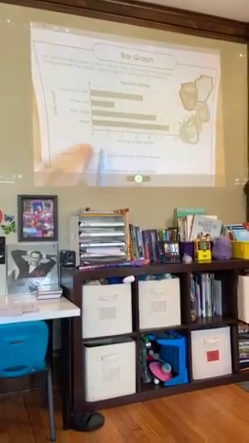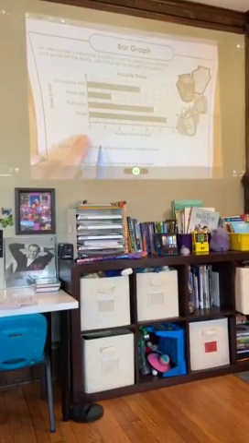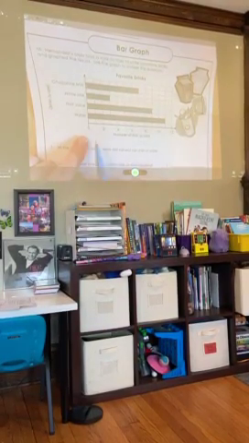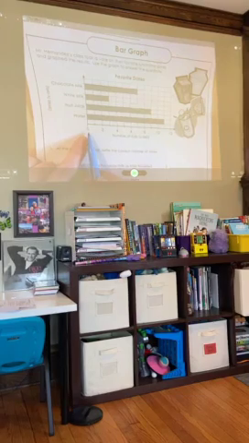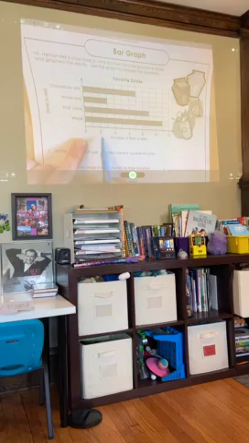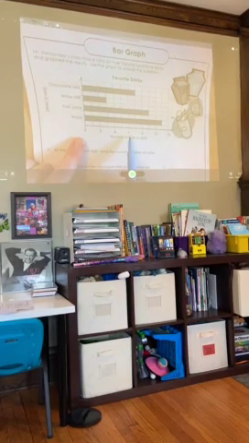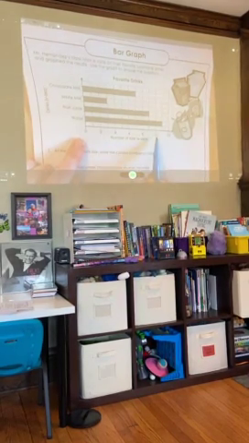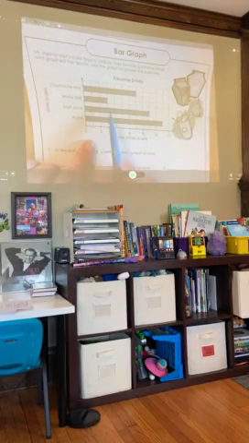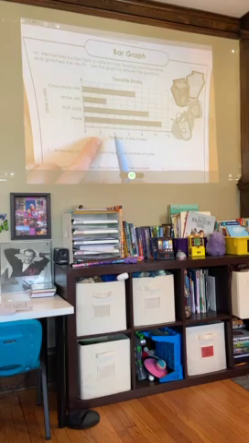One of the first things that I always ask students to do is make sure you look at that scale and what numbers it goes up by. It's really important to notice here that it goes from 0, 2, 4, 6, 8, 10, and 12. So you can see the favorite drink white milk is between the 2 and the 4.